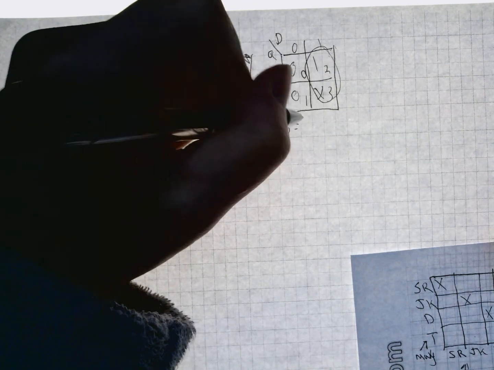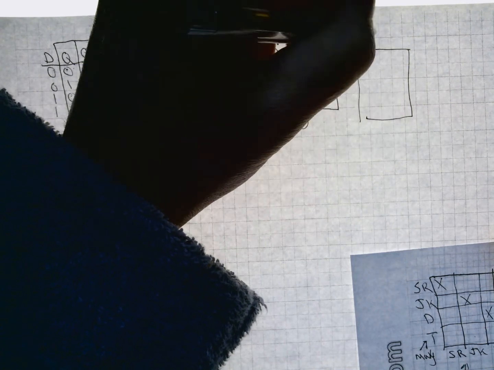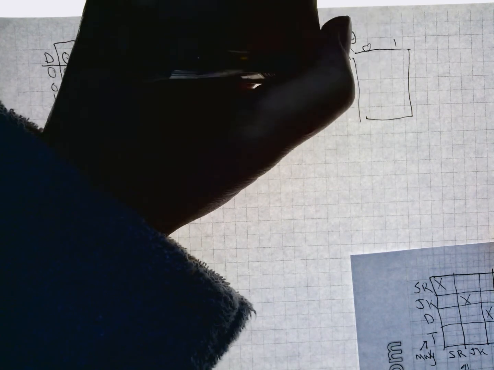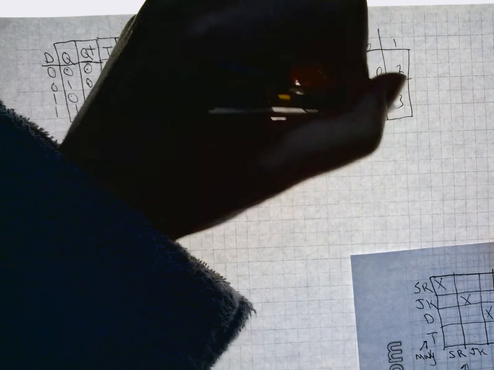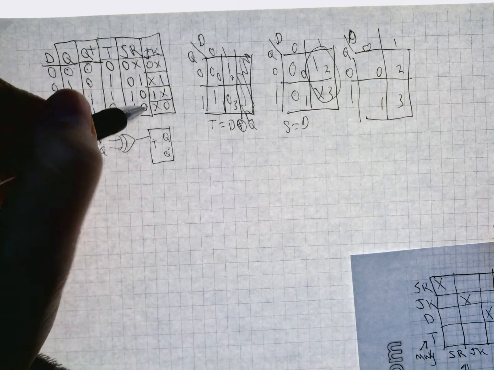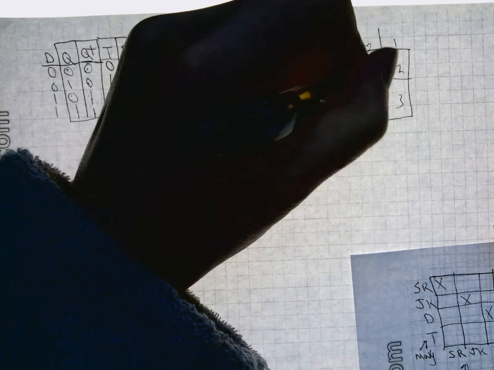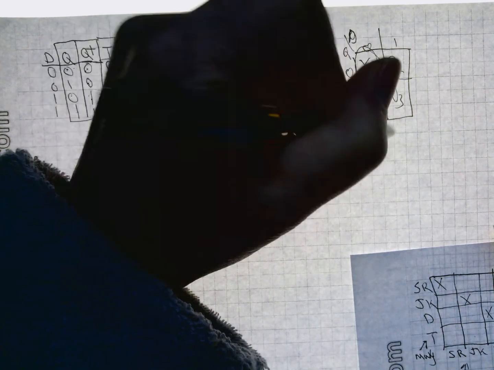And now S is equal to D. You can obtain the R and write x100. Now R is equal to D prime.